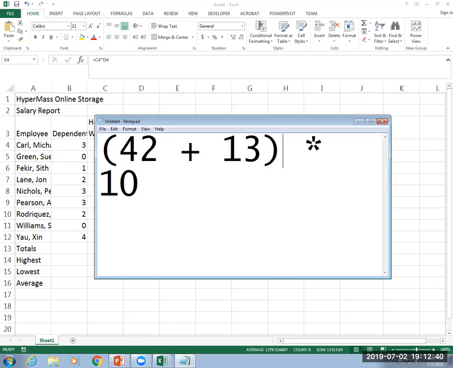Use parentheses all the time, because it's better to do that than to accidentally come up with 172 when you mean to come up with 550. Or vice versa. In the case of what we're doing in class, of course, it's not going to matter.